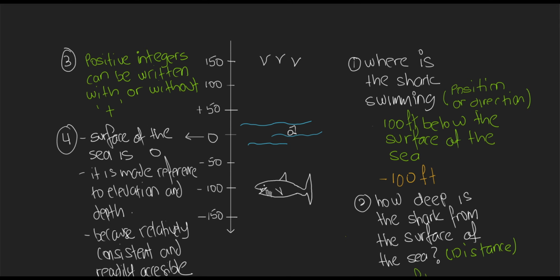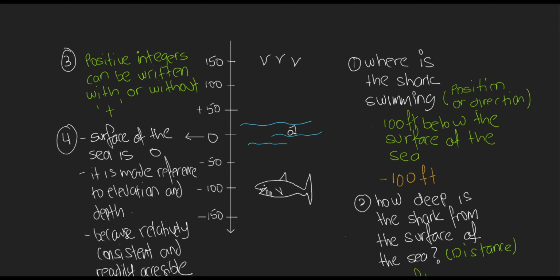Now, I can also write this by using a negative integer. I can simply say it is negative 100 feet, which means that negative 100 feet contains direction and also position. Now, how can I see direction? When you write it with a minus sign, it means it is lower than 0.